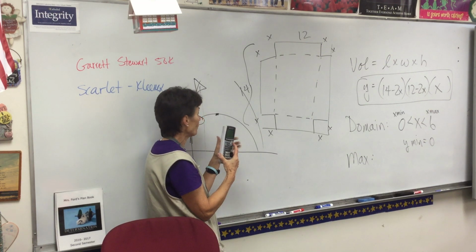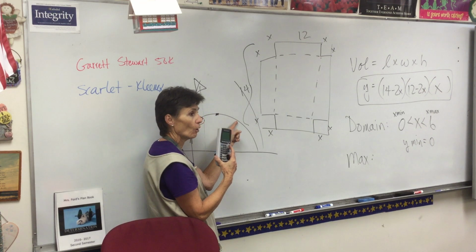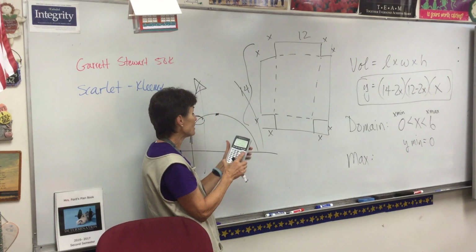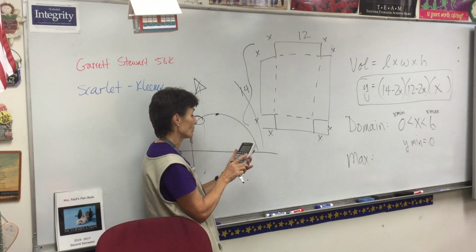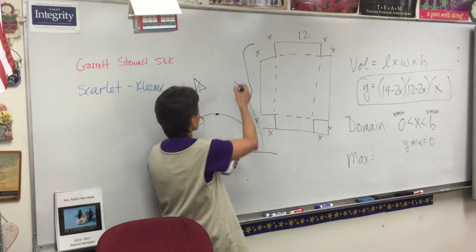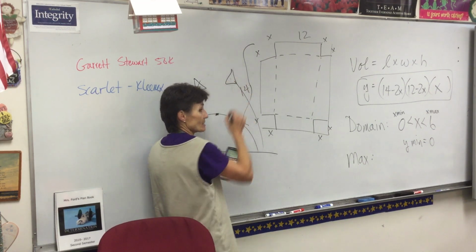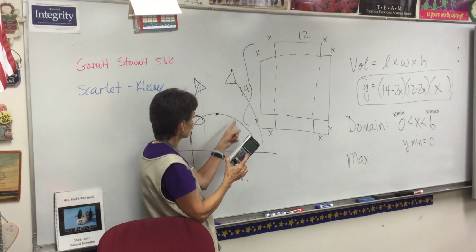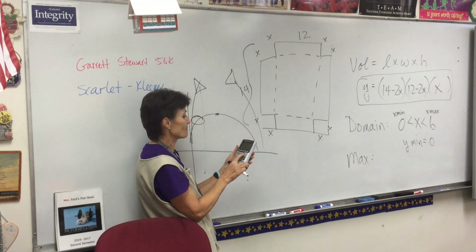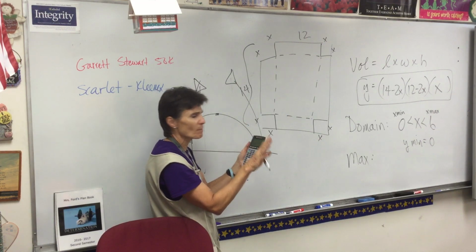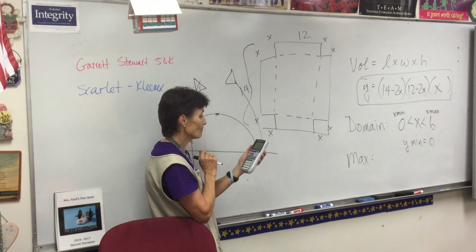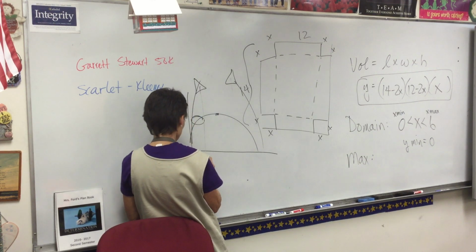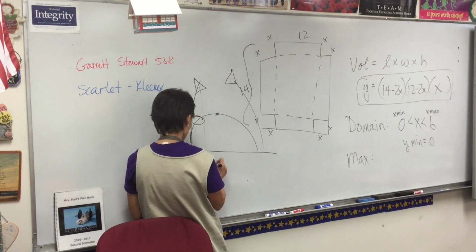So we use our arrow button and we move the cursor over here to the right, anywhere over here to the right. Okay? And press enter. So I either get another line or an arrow. Now, move the cursor to the point that looks about like the maximum. I mean, it is approximating.